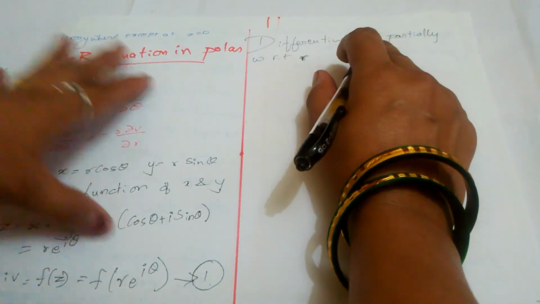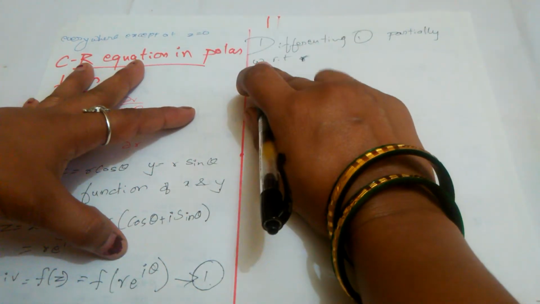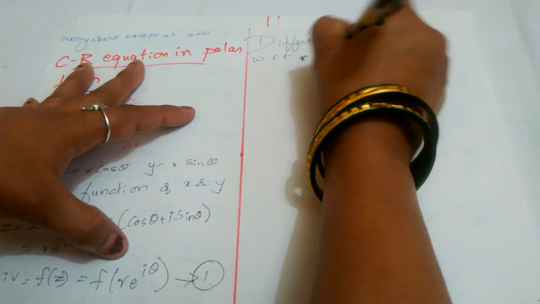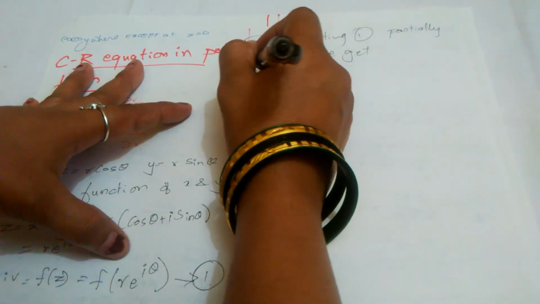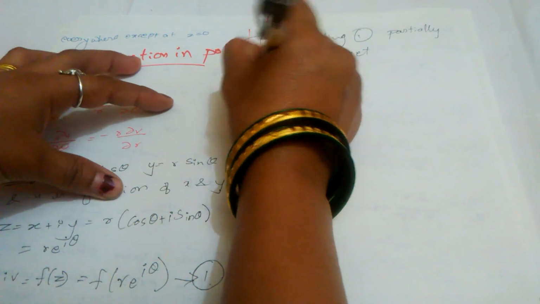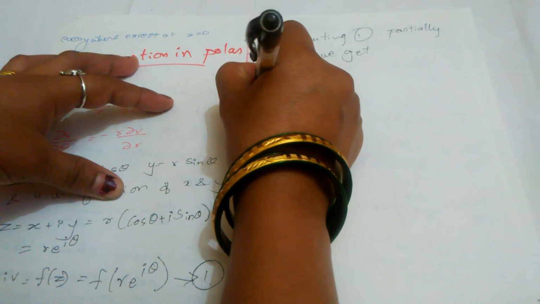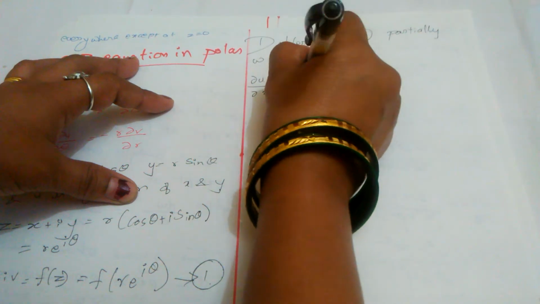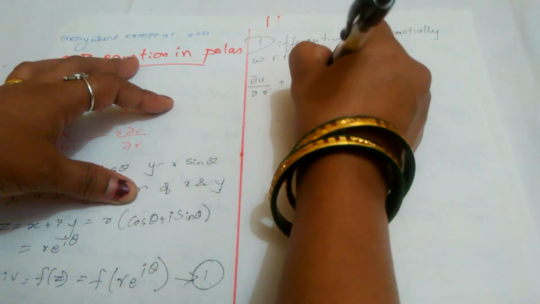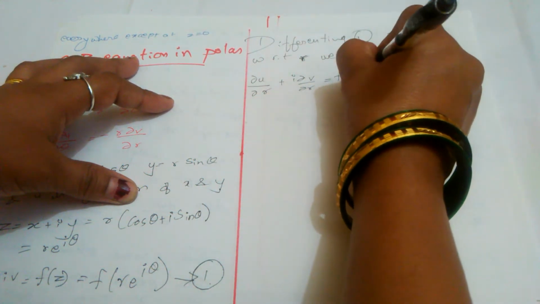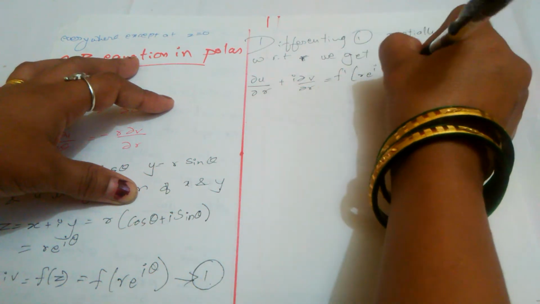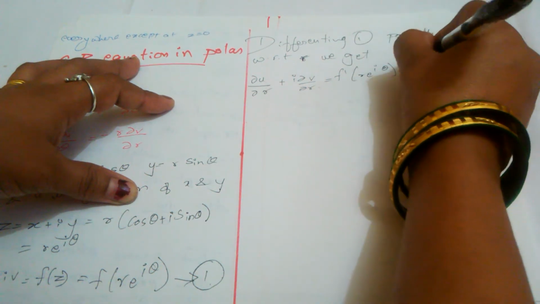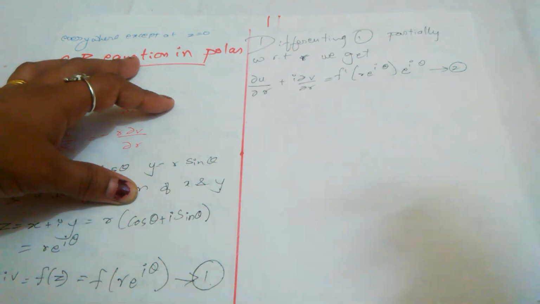Differentiating equation 1 partially with respect to r, we get du by dr plus i dv by dr, which is equal to f dash of r e^(i theta) into e^(i theta). I'll mark this as equation number 2.